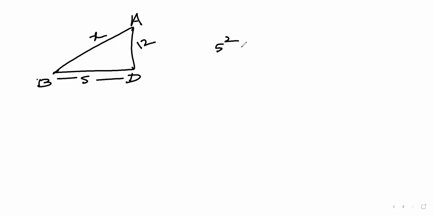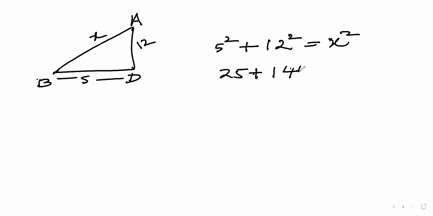So that would be, leg 1 square plus leg 2 square is x square, by Pythagoras theorem, isn't it? It's simple. So 5 square is 25, plus 12 square is 144, is equal to x square, isn't it? 25 and 144 is 169. So x square is 169.